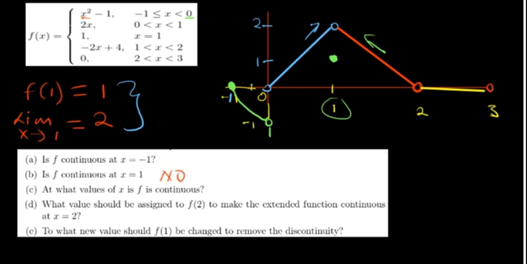Now at what values of x is the function continuous? We can clearly indicate the points where it is discontinuous, so we'll come up with a set to describe that. From -1, I'll use that bracket under set theory, all the way up to 0.